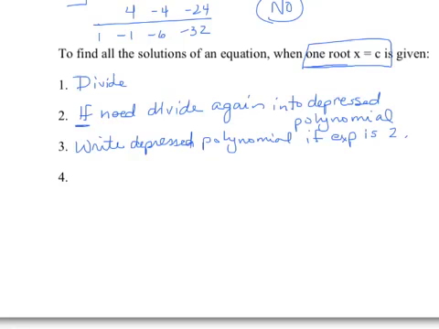Okay, then you're going to solve using factoring or the quadratic formula.